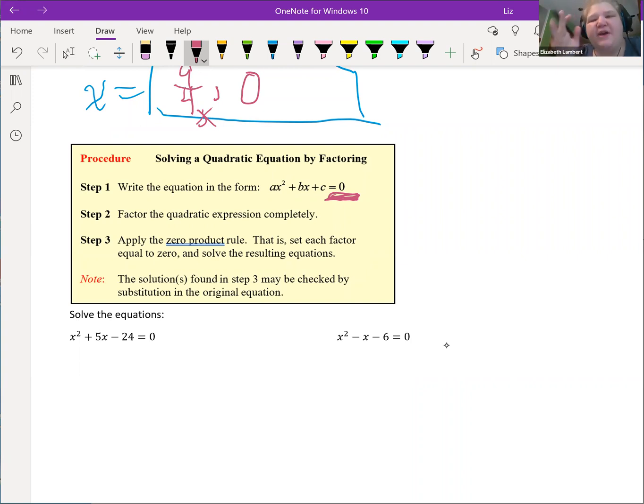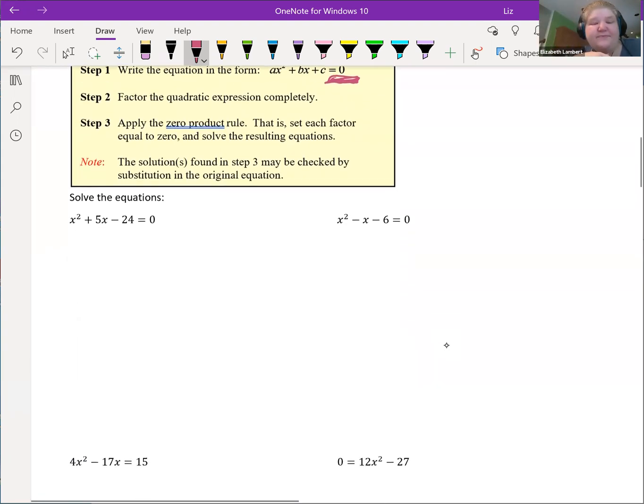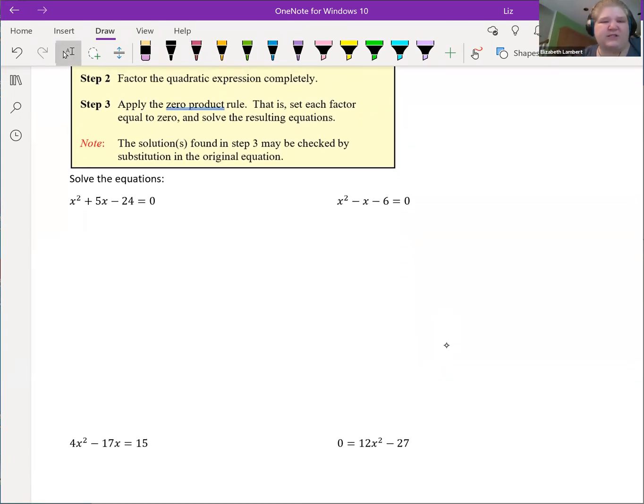Sounds silly, but there will be problems where you're not paying attention and you'll forget to move the constant term over, but the terms will all be in the correct order. It's very easy to make that mistake. Sometimes you'll even use the correct number, just FYI. All right, so on these, we are just going to factor these like normal and then keep going from there.